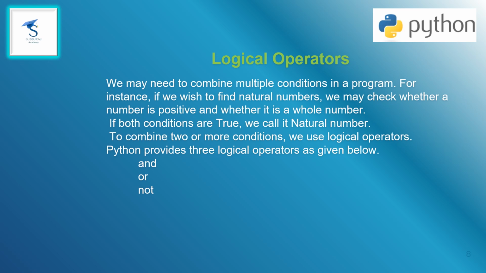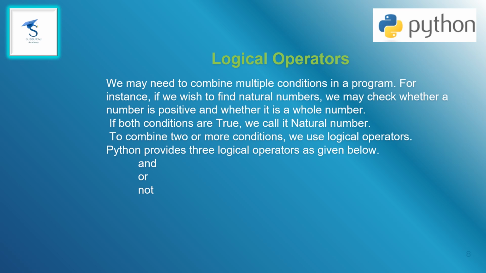For instance, to find natural numbers, we check 2 conditions: whether the number is positive, and whether it is a whole number. So there is a necessity for checking 2 conditions. In such cases, we use logical operators to combine 2 or more conditions.